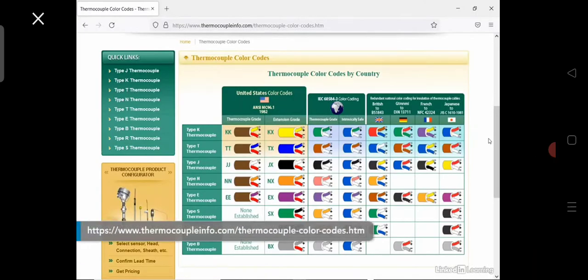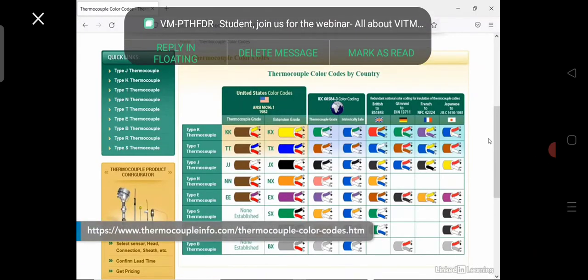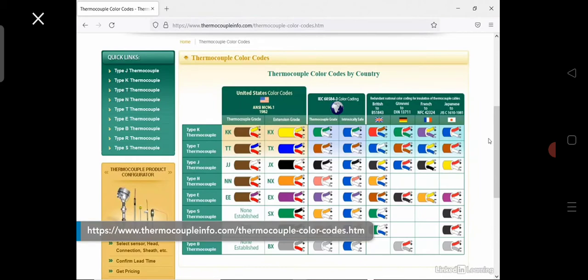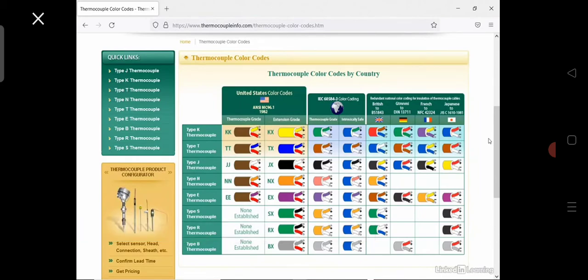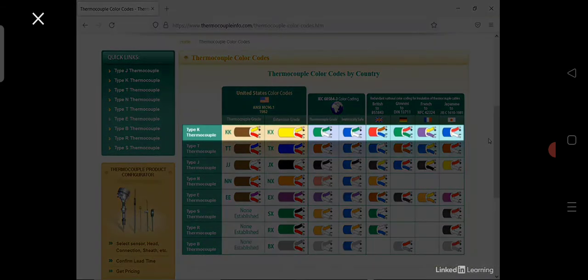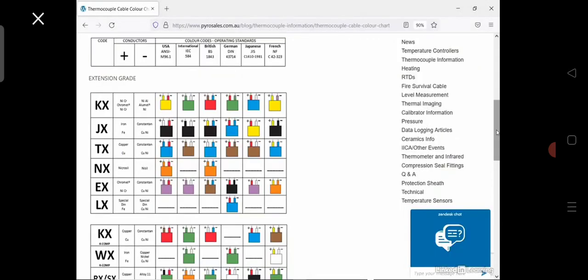The color coding depends on the different standards used within different regions. So for the same K-type, it shows here that it has different color combinations depending on where it's being used or manufactured. This table shows a summary of the leads color codes as well as the different metals for each lead of the thermocouples.